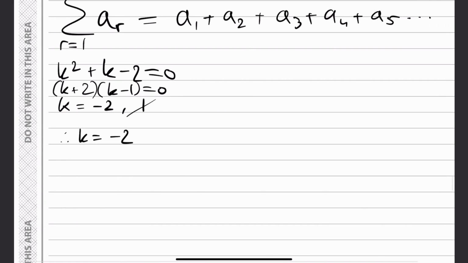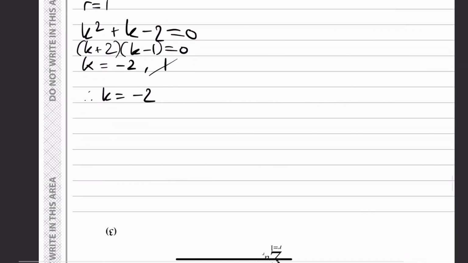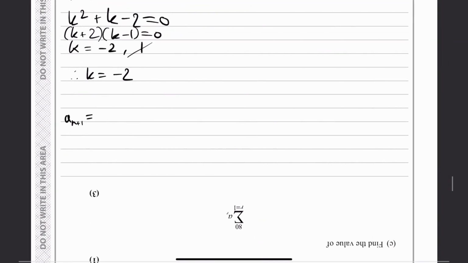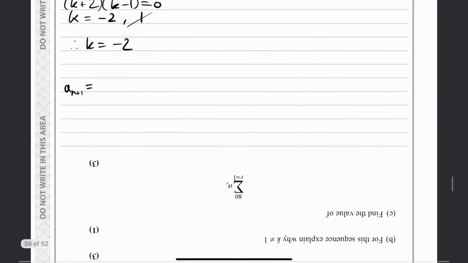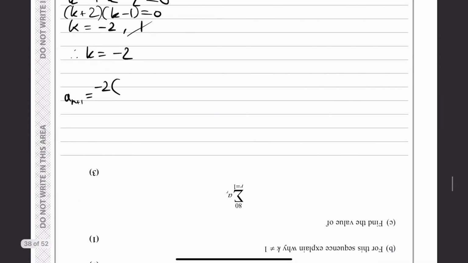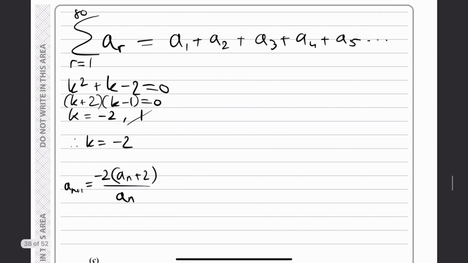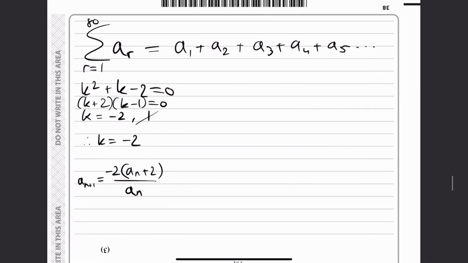Okay, nice. That means we've got our sequence without a K in it. We've got a n plus 1 is minus 2 a n plus 2 over a n. And now we just have to solve this, I believe.